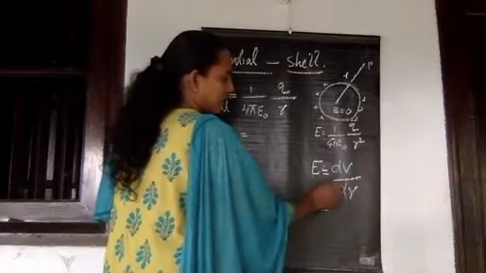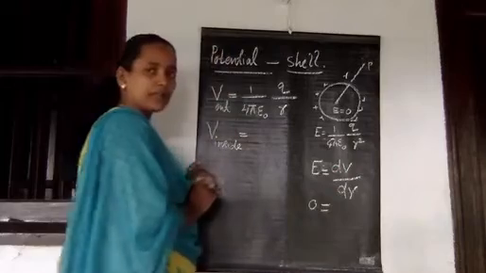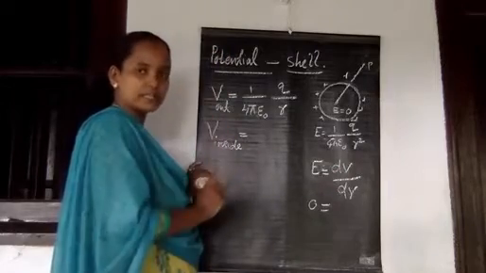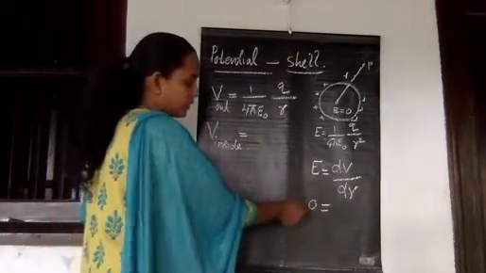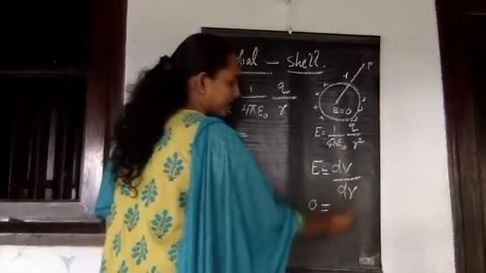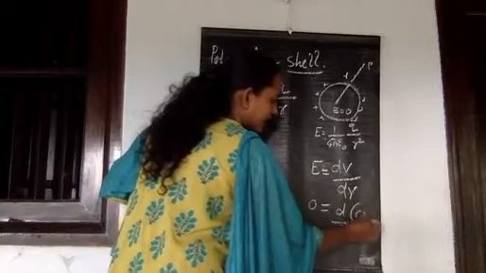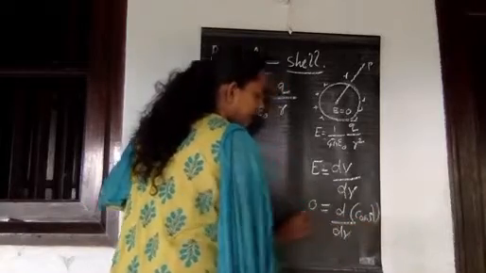Then what will be the derivative of this function? The derivative of a constant is 0. So field is 0 means that this potential is a constant. d by dr of a constant is 0 itself.